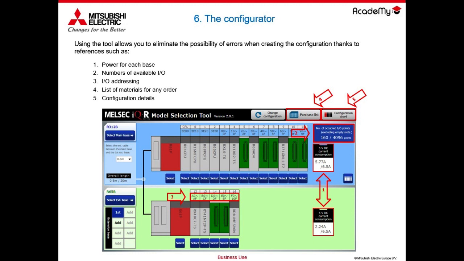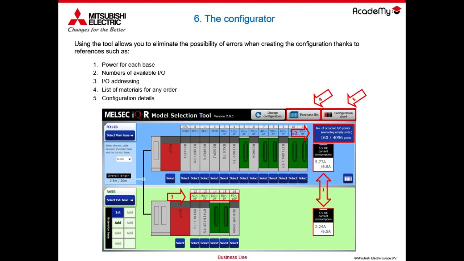Number 2, the number of I/O available. Regardless of the size of the chosen CPU, the system contains a maximum of 4096 points.